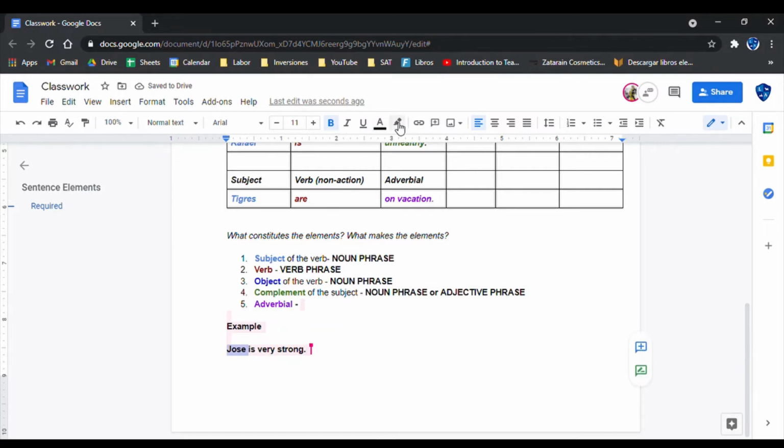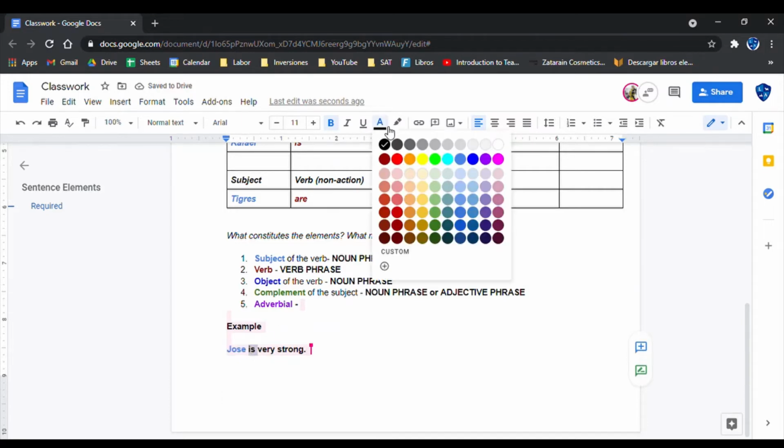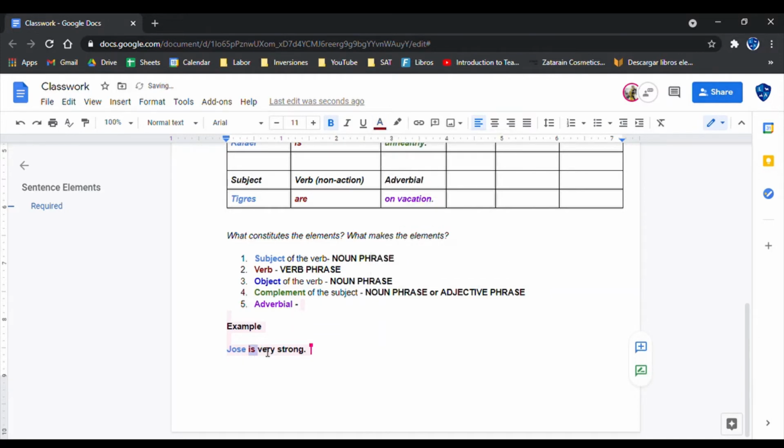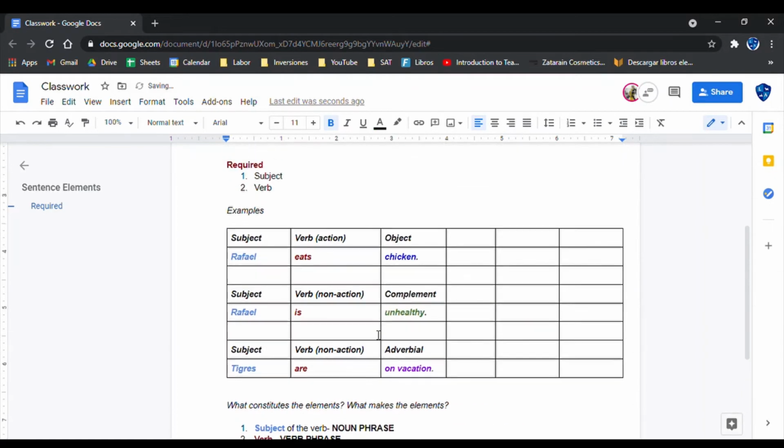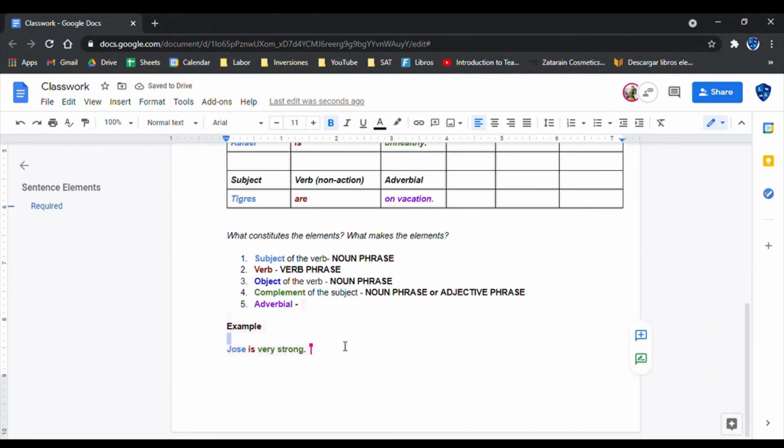So the subject is Jose. This is a non-action verb, right? I'm not doing anything. It's a non-action. So if it's a non-action, we don't have an object. We have a complement. Complements are nice and green. Now, strong is an adjective, right?